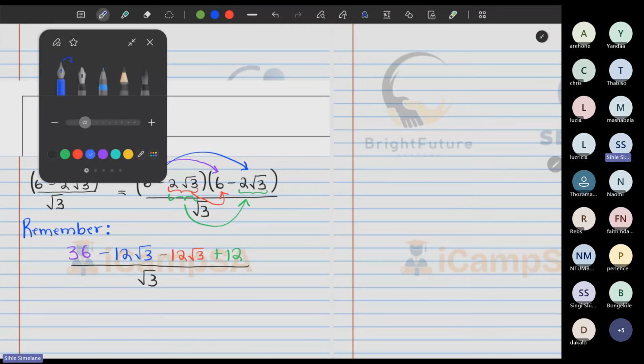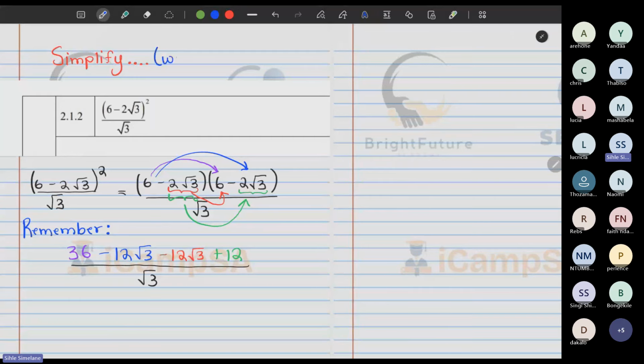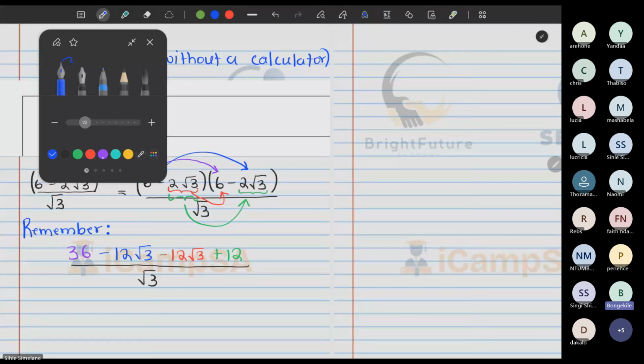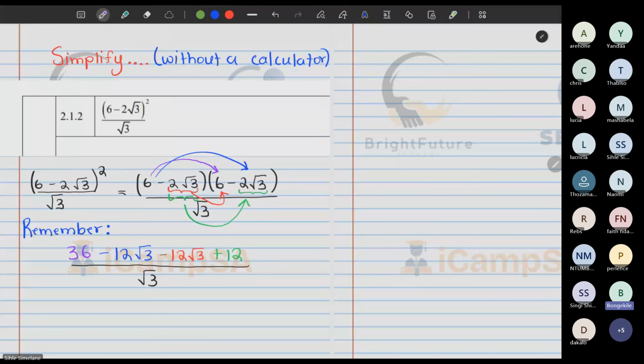And remember, with these questions, they say without a calculator, meaning you shouldn't touch it. So -2 times -2 will give me a +4, and then the square root of 3 times the square root of 3, the square roots will cancel each other. So I'll get a +3, and then I'll say 4 times 3, which will give me a +12.